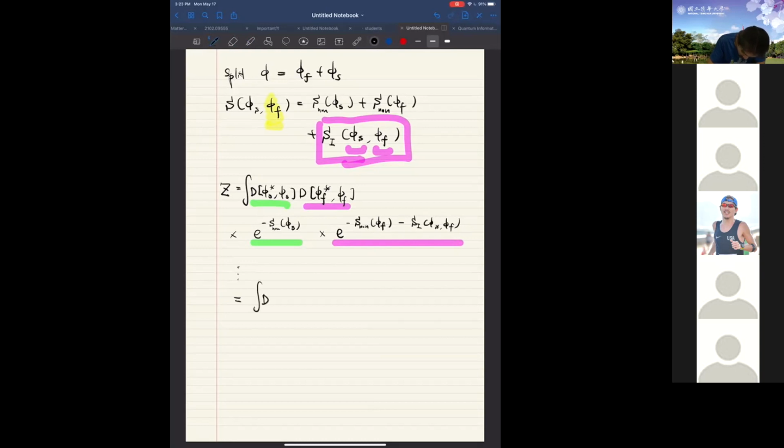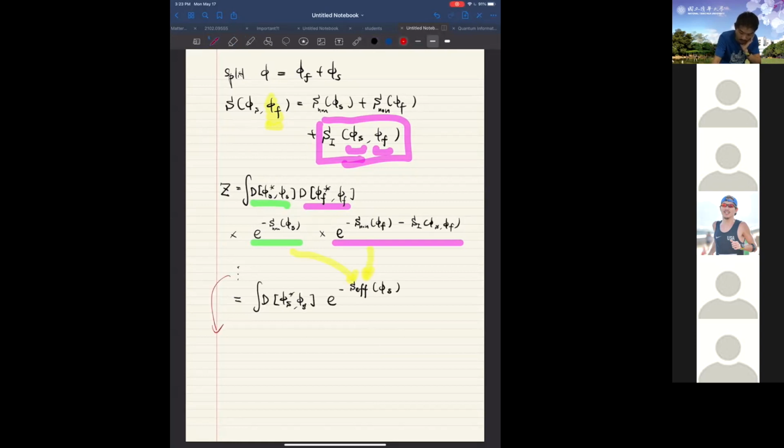If we can do that, we end up with something called the effective action, which only contains the slow modes. That's basically the idea of the RG. So we can write down things formally.